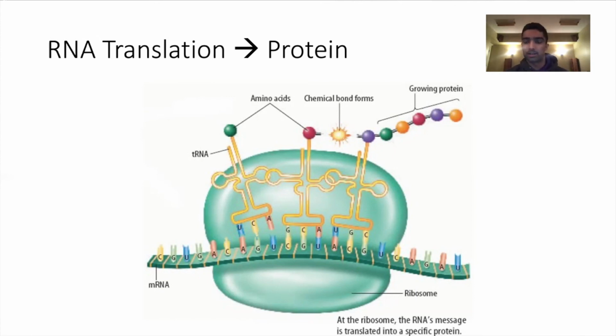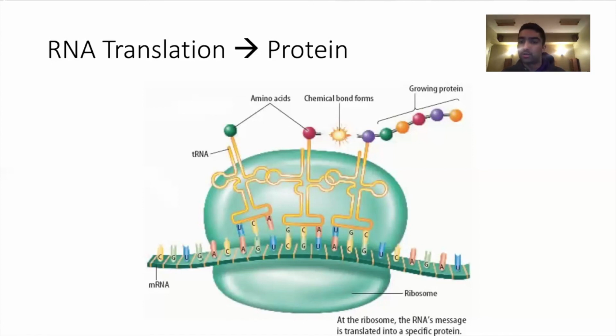So here we have a ribosome tracking along a mRNA, which is the RNA that's translated into protein. And as it tracks along, these things called tRNAs, which are RNAs that have bent back on themselves to form these hairpins, and they have amino acids connected to them.